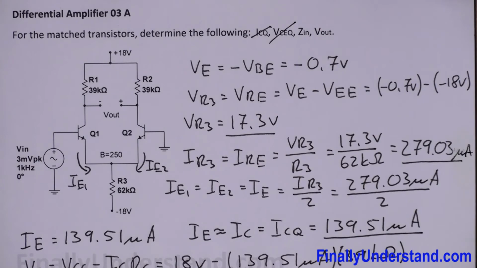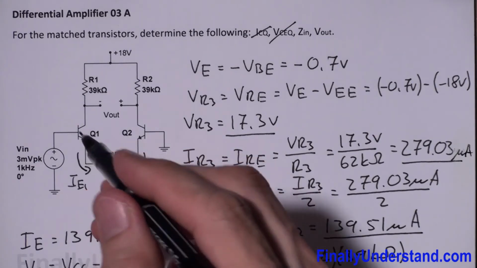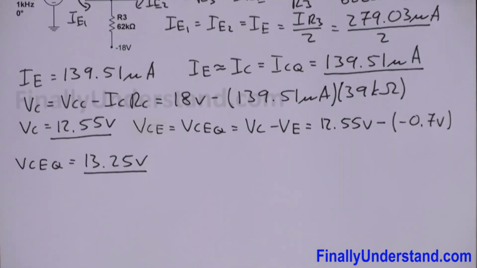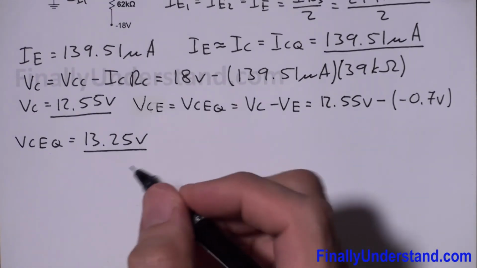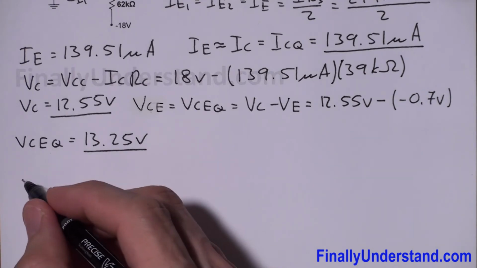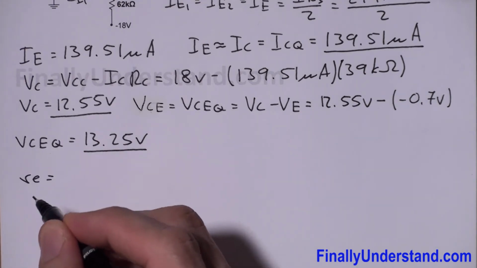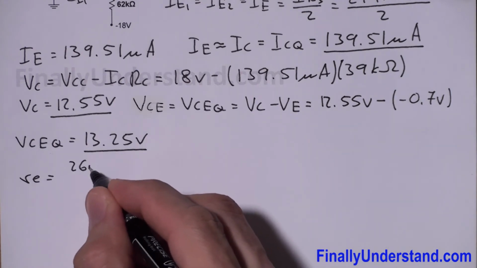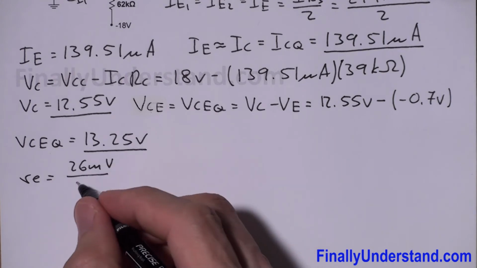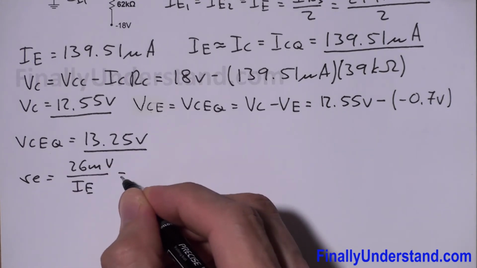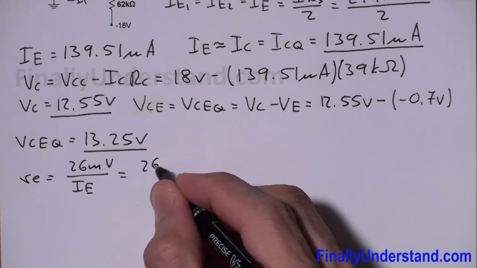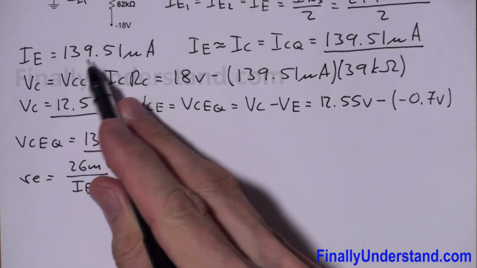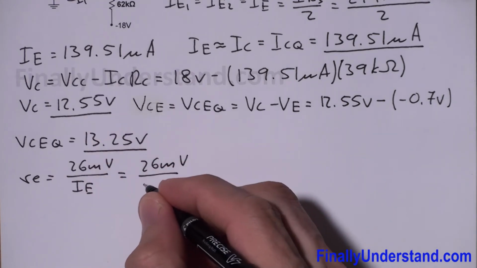Next, I'm supposed to find the input impedance at my non-inverting input. So I have first the formula for small re, AC emitter resistance, which is equal to 26 millivolts over IE. So I have 26 millivolts divided by IE, 139.51 microamps.